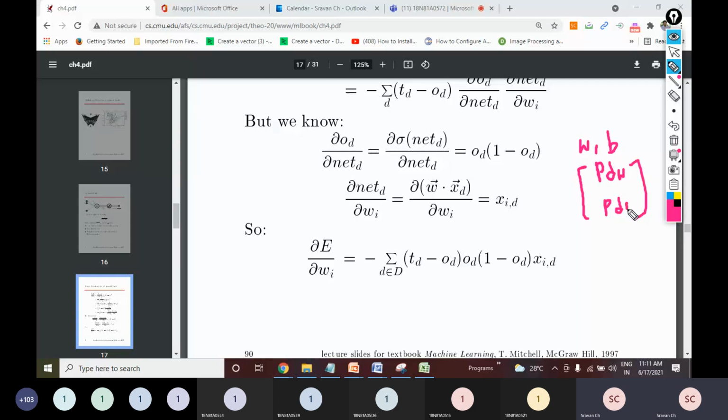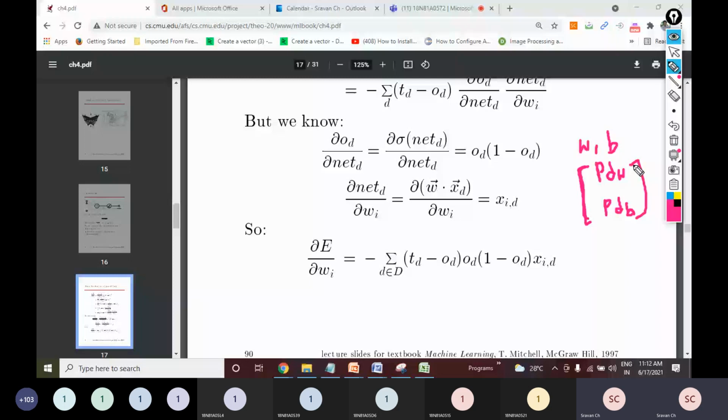Like that, if I have 5 variables, the gradient is a vector with 5 partial derivatives. With 2 variables, it has 2 partial derivatives; with 3 variables, 3. So what is gradient? Gradient is nothing but a vector, an array kind of thing, a vector of partial derivatives.